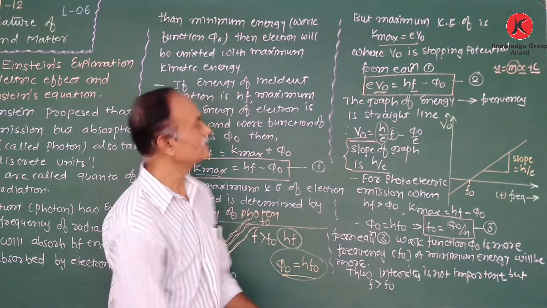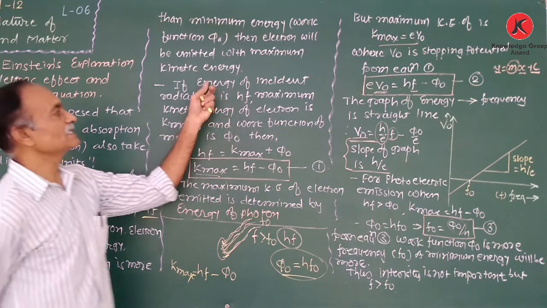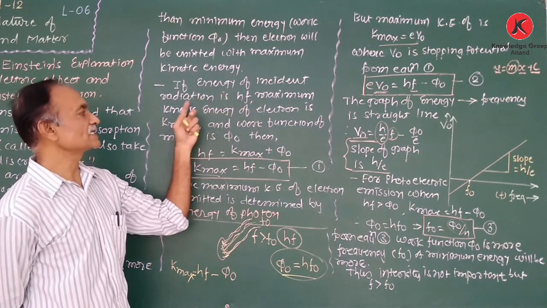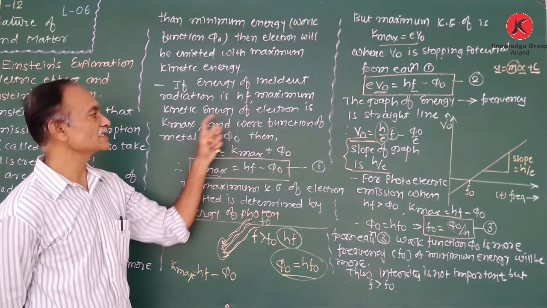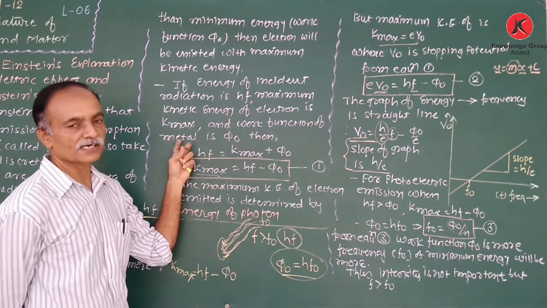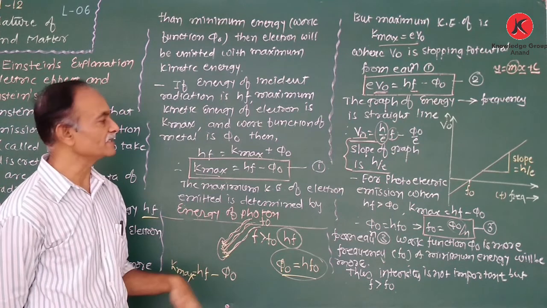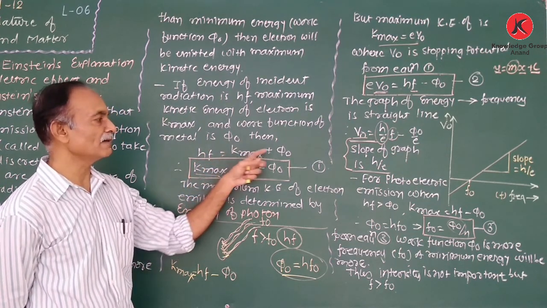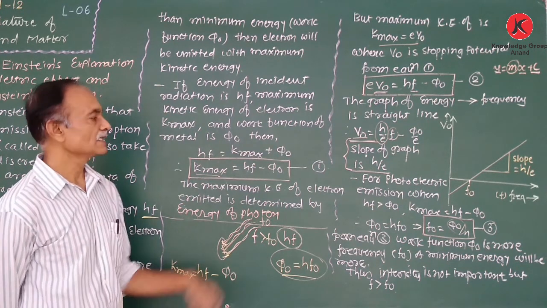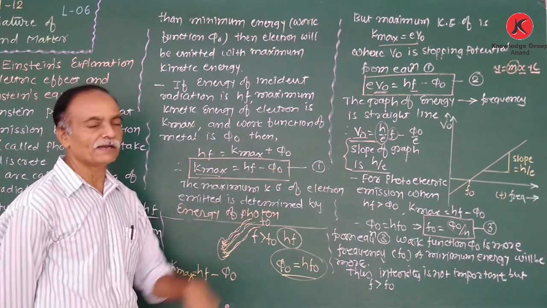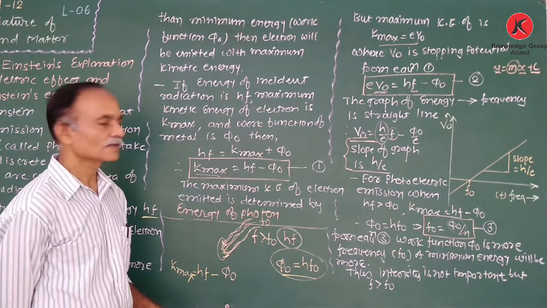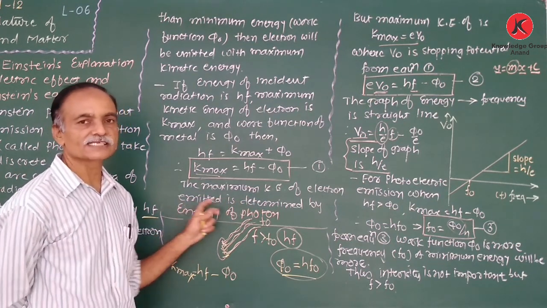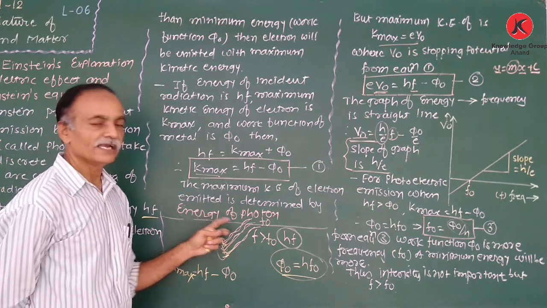If the energy of incident radiation is hf, maximum kinetic energy of the electron is K maximum, and work function of the given metal is phi 0, therefore the relation is hf equal to K maximum plus phi 0. Therefore, K maximum is equal to hf minus phi 0. The maximum kinetic energy of emitted electron is determined by the energy of photon.